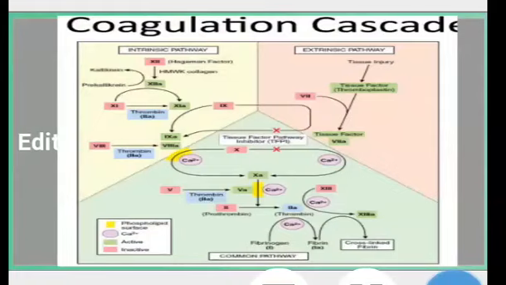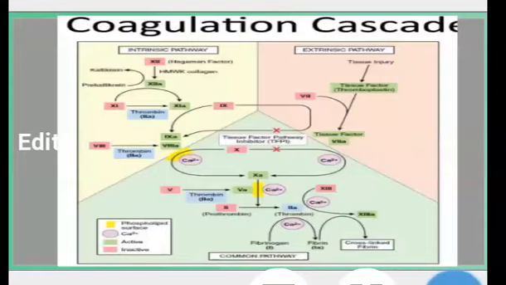After this injury or trauma, factor 12 is activated, and this activated factor 12 converts factor 11 into activated 11, and in the presence of calcium ion, factor 9 is activated.